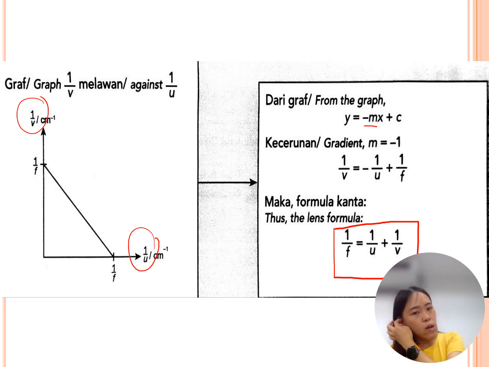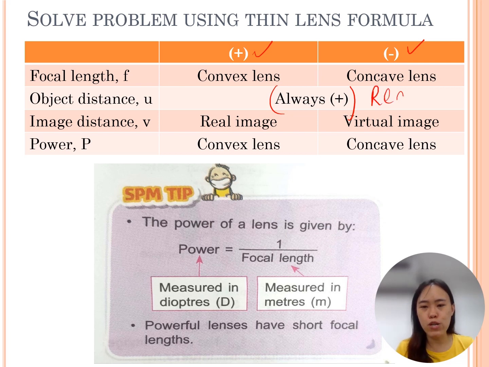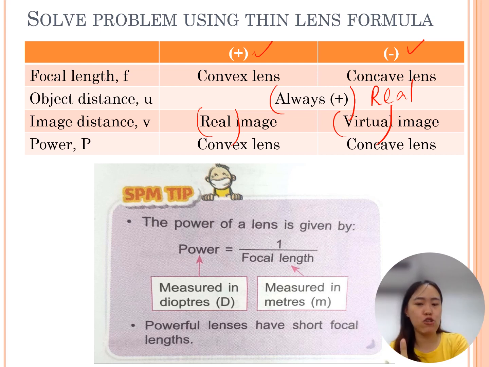For problem solving relating to the thin lens formula: the focal length of a convex lens is a positive value, and the focal length of a concave lens is a negative value. The object distance is always positive, because a positive value tells you the object is a real object. If the image distance is positive, the image is real; if it is negative, the image is virtual. So from the sign of the image distance you can identify whether it is a real image or a virtual image.